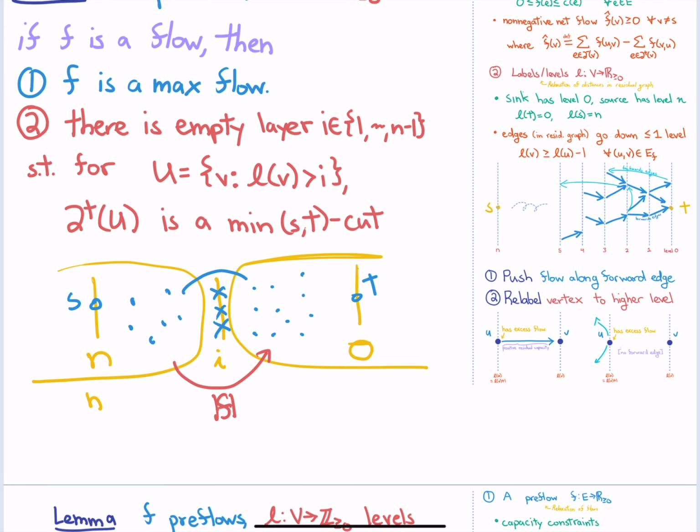So that means all of the edges from the input graph, which I'll draw in green, that went from one side to the other must have been all used up, because there are no edges left in the residual graph, since you can't jump over 2 layers. So I've used up all the edges from the S side to the T side in the residual graph, so that's your cut.